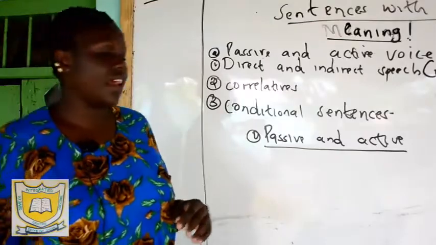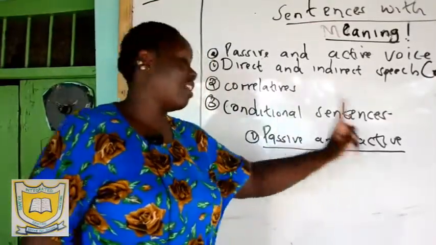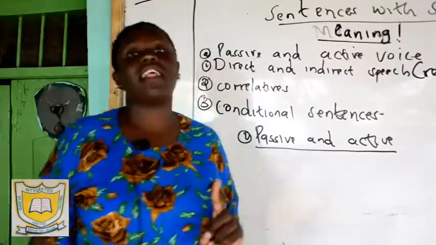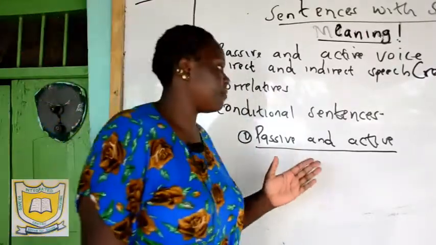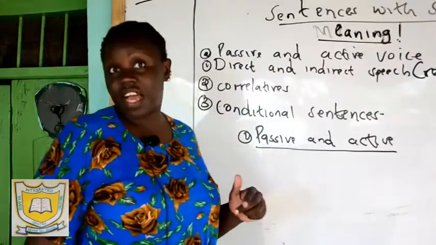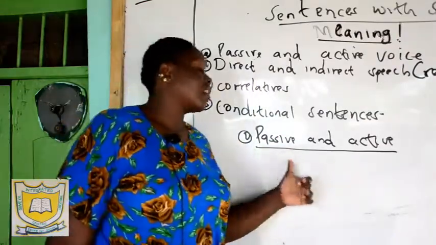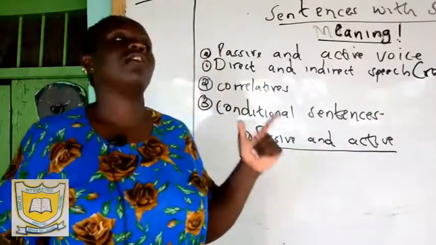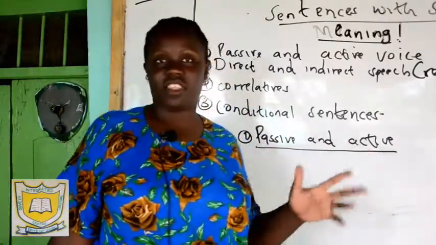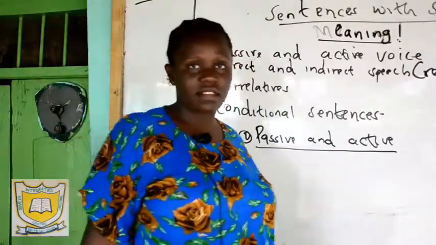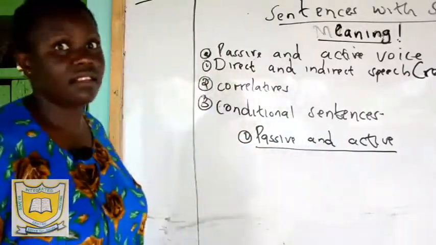You as a learner should know what an active sentence is. An active sentence is when the focus of the sentence is on the doer of the action. But a passive sentence is when the focus of that sentence is on the receiver of the action. Changing sentences from the active to passive voice entirely depends on tenses.